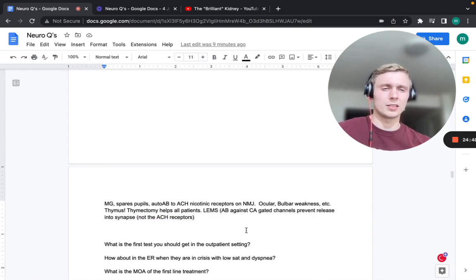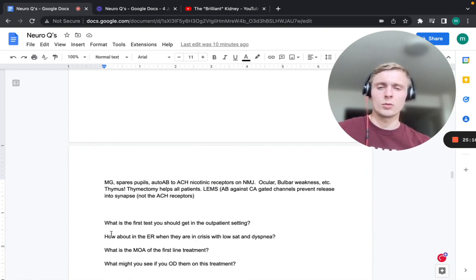So myasthenia gravis is acetylcholine receptors, so the acetylcholine is not getting to the other side of the synapse. For this, the calcium-gated channels are the problem, and we're not releasing the acetylcholine into the synapse in the first place. So it's a little bit different mechanism. However, in LEMS, it gets better throughout the day. And remember, this is associated with small cell lung cancer. So small cell lung cancer and LEMS are associated.